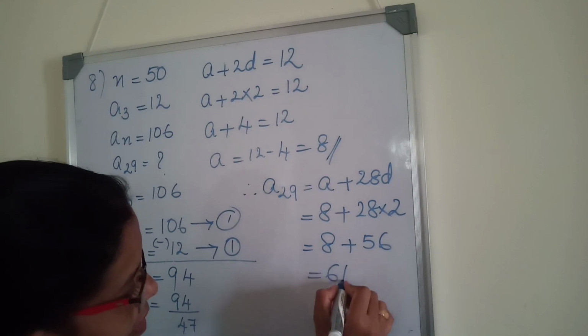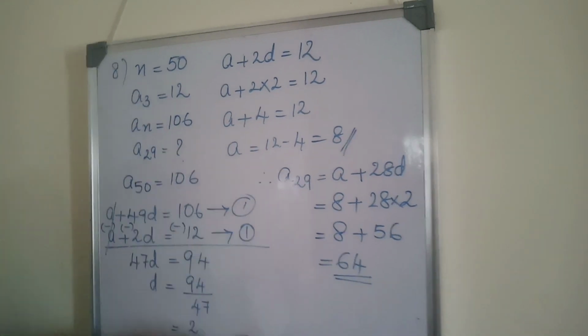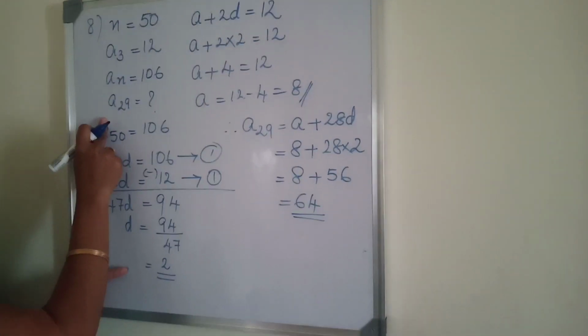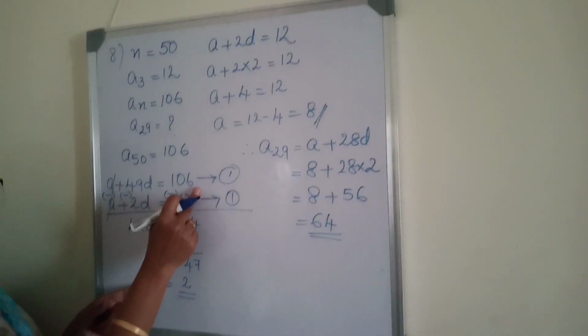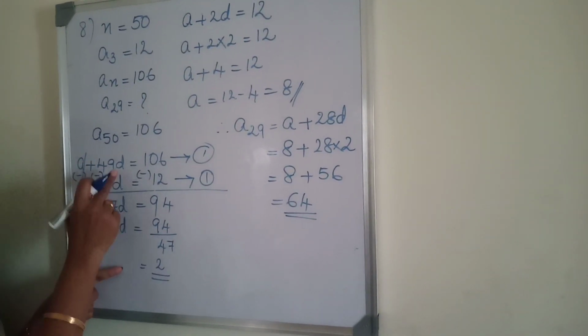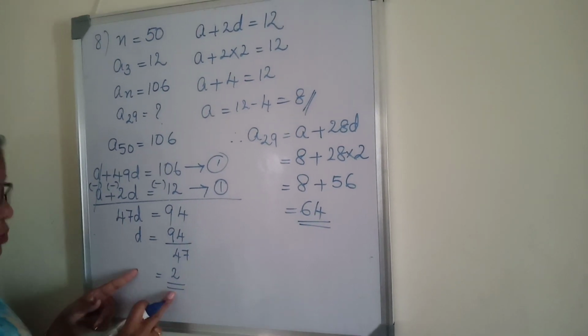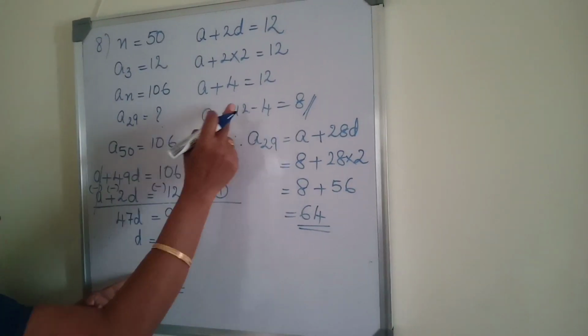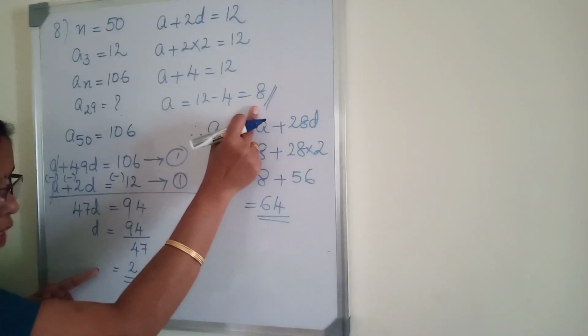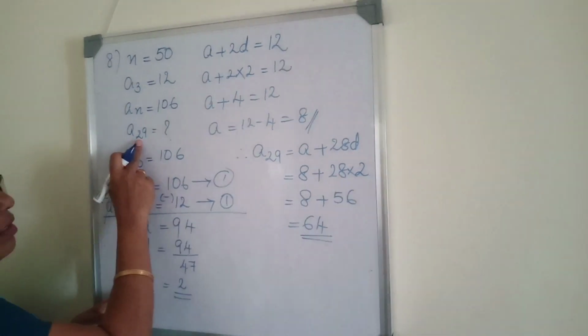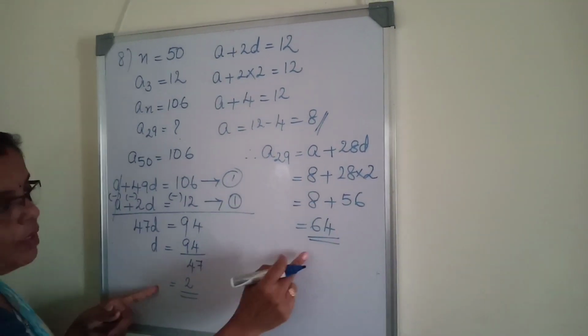This becomes 64. So whenever two terms of an AP is given, we have to expand it using the formula an, and we will subtract the equation, get the value of D, substitute the value of D in one of the equation and find the value of A. Then we will find out the term what we want.